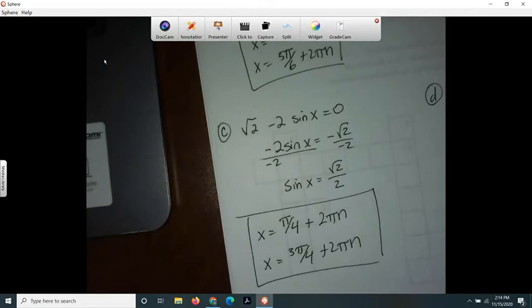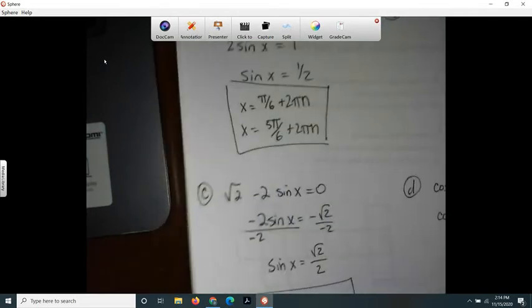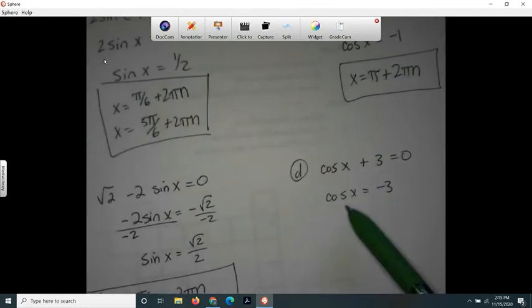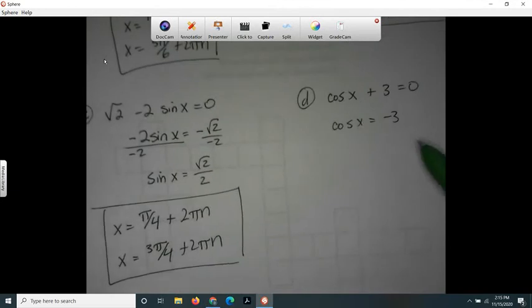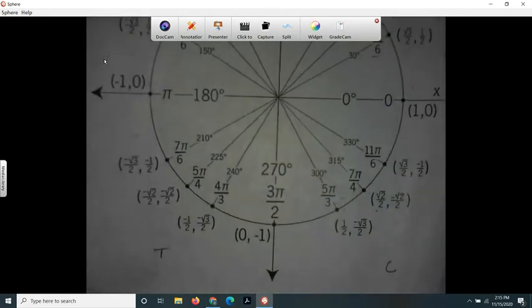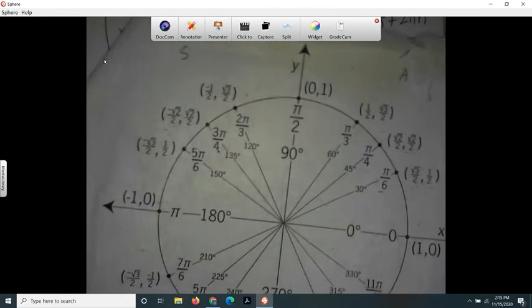And then this one, we are going to solve the function first. So we're just going to subtract 3 on both sides. And then we're looking on our unit circle, where is cosine x negative 3? And I already don't really have to look at my circle because I know that sine and cosine, the highest they ever get is 1.